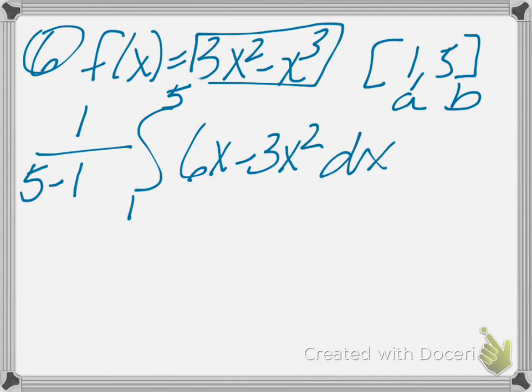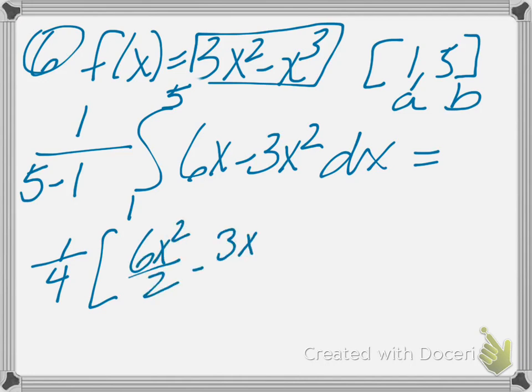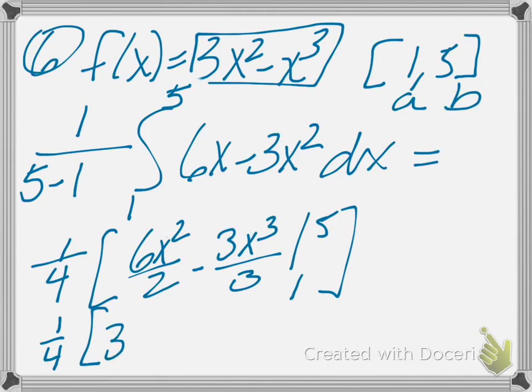Okay, non-calculator, so we have to do this by hand. So we're going to get 1 over 4, and then we're going to find the antiderivative as it goes from 1 to 5. Okay, let's simplify a little bit.